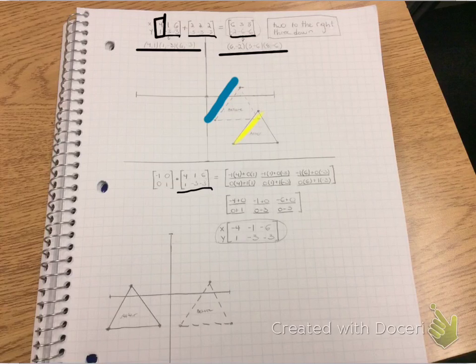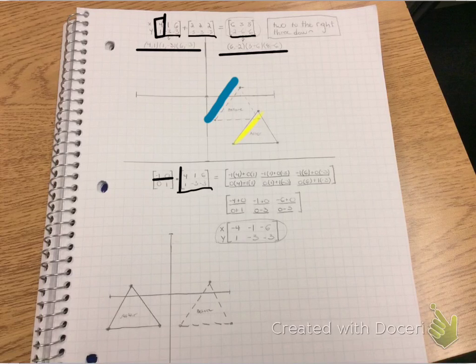And when we do that, we do the row by the column, I believe. And so we'll multiply negative 1 by 4 and add that to 0 by 1, because that's this row by this column. Row 1 by column 1. Yeah, looks right, I think.